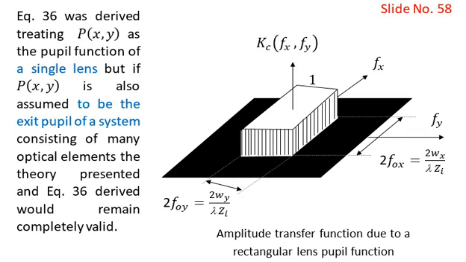But if the imaging system is a black box containing many optical elements, then the exit pupil of the system will act as the pupil function. The rest of the derivations and the theory will be the same, and the equations will also be applicable and valid.